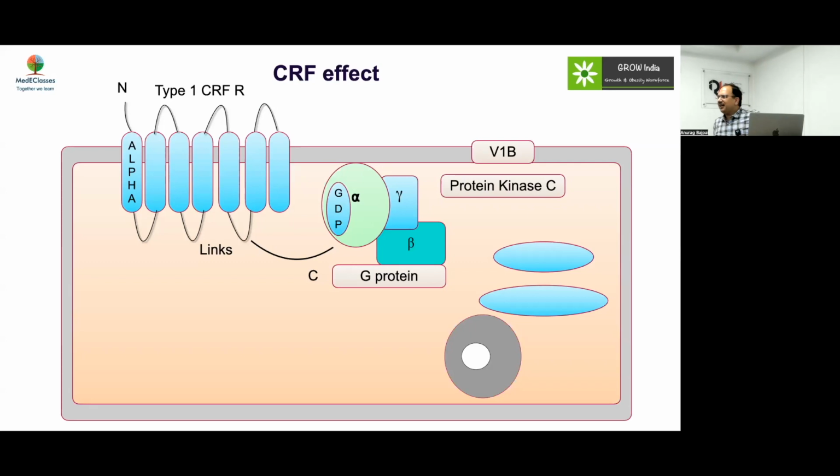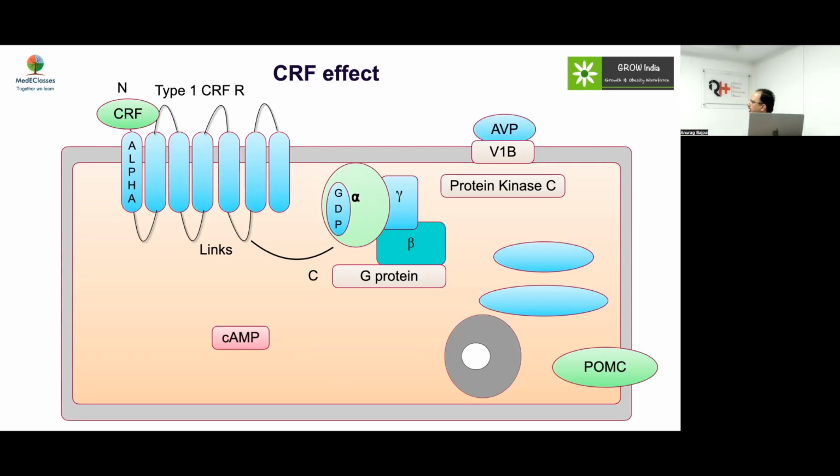Now, what does CRF do? CRF acts on a G protein coupled receptor. So it's like many of the other receptors like GHRH, GnRH, they are all G protein linked receptors, and it will bind to increase the G protein, causing cyclic AMP production, which then triggers the POMC production. And we know from POMC everything comes out. Regarding AVP, it acts on the V1B receptor.